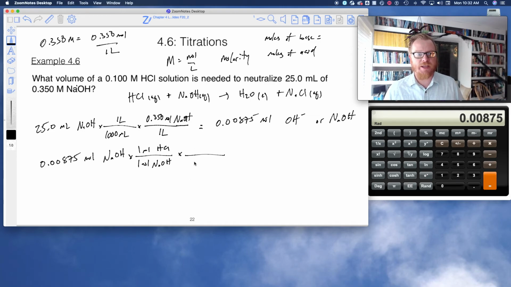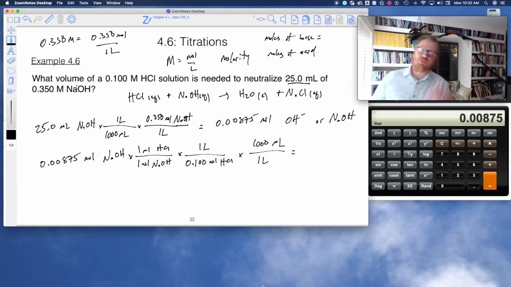So now this has to be 0.100 mole of HCl in 1 liter of HCl. And the problem asked me for what volume, so I could leave it in liters if I want. But look, they gave me 25 milliliters up here, so to me, I think it's more reasonable to make that a milliliter so that we're comparing apples to apples, right?